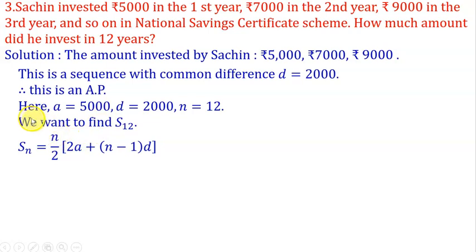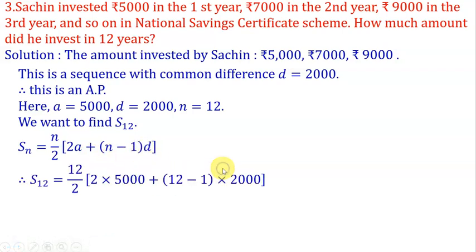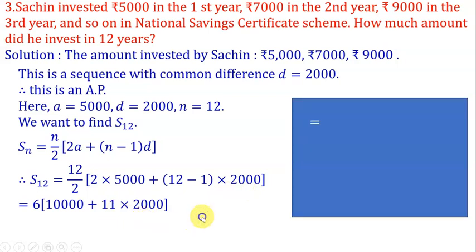This is an AP. Here A is equal to 5,000, D is equal to 2,000, n is equal to 12. We want to find S12. Therefore Sn is equal to n upon 2 in bracket 2a plus (n minus 1) into D. S12 is equal to 12 upon 2 in bracket 2 into 5,000 plus (12 minus 1) into 2,000. नंतर ते simplification करणार. Okay, 12 upon 2 you will get 6, 2 into 5,000 that is 10,000. 12 minus 1 you will get 11 into 2,000 आणि पुढे ते multiplication करणार.